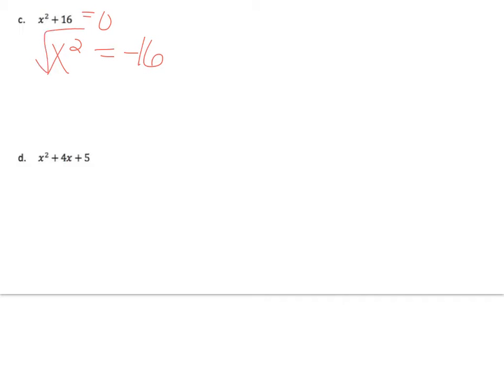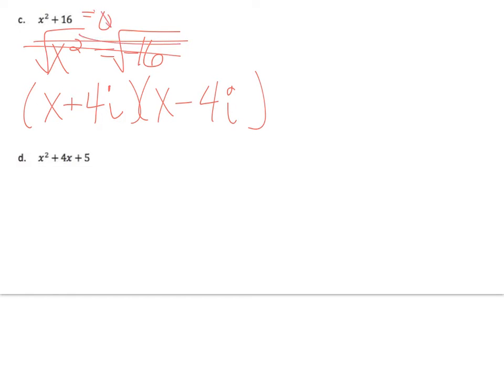Take the square root of both sides, and that's where we get x plus 4i and x minus 4i. We know we have negative 16, and the square root of it is plus and minus 4i, because I can't take the square root of a negative number. Cool.